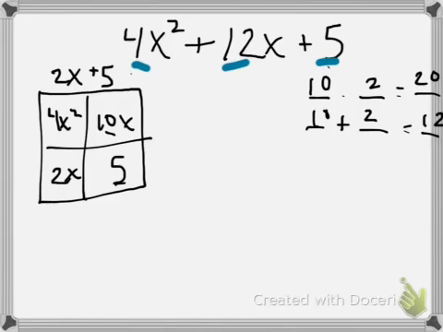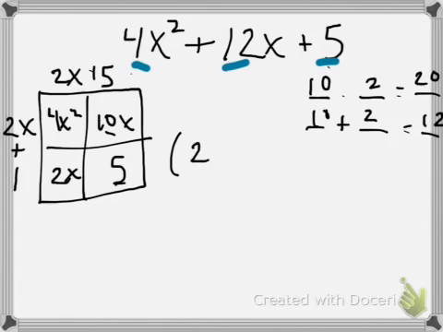And then the 4x squared and the 10x have 2x in common. And the 2x and the 5, they only have 1 in common. But since they're both positive, we have plus 1.